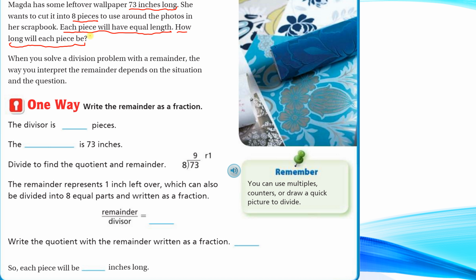Remember, as we go through this, focus, can-do attitude, take initiative, listen. When you solve a division problem with a remainder, the way you interpret the remainder depends on the situation in question. We're going to talk about this word, interpret the remainder. And it depends on the situation and the question.